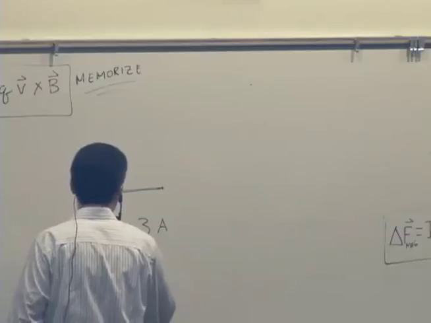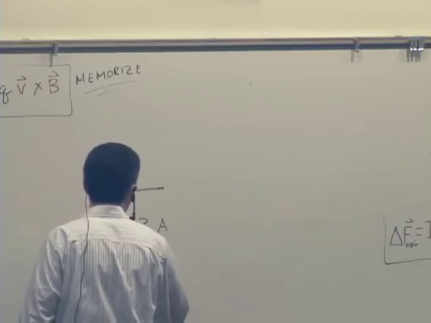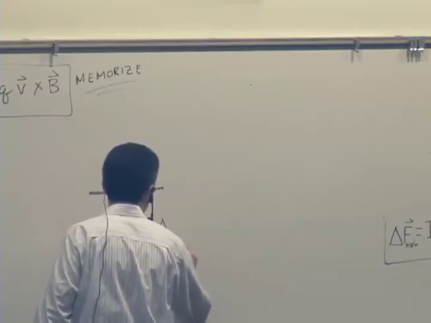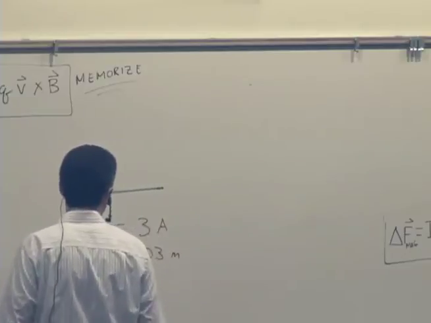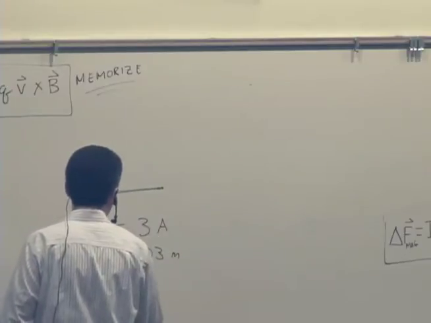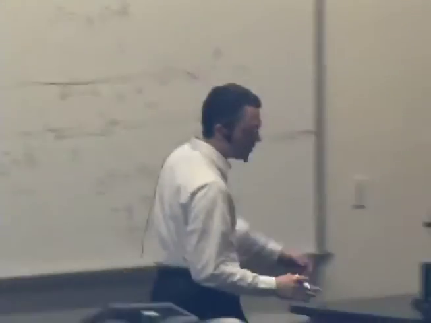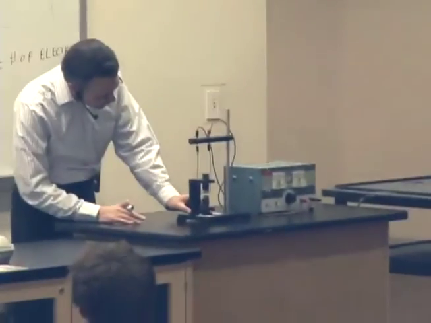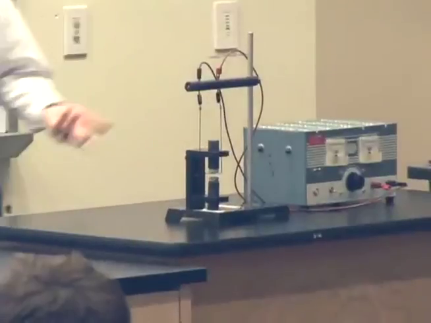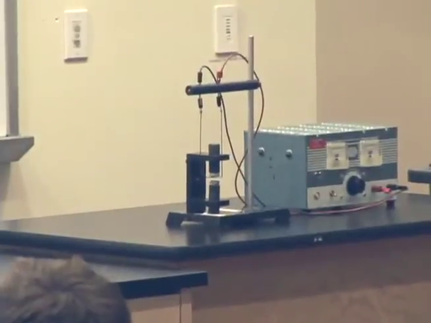Delta L, maybe 3 centimeters, so 0.03 meters. Magnetic field. We're going to put it in a magnetic field that's due to a fairly strong bar magnet. A strong bar magnet can make a magnetic field on the order of a Tesla, half a Tesla, something like that.